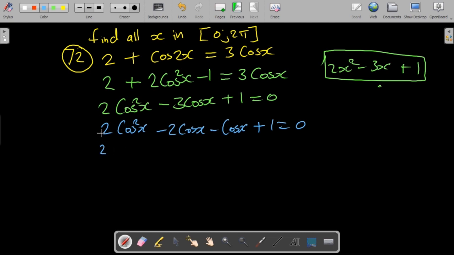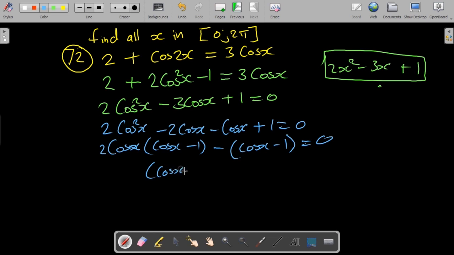So now I'm going to factorize in pairs. The common factor on the left is 2 cosine. It will leave me with cosine here and a minus 1. Factor out a negative here, it will leave me with cosine and minus 1 for these two. And I have that. So these two brackets are common. I can factor those out.